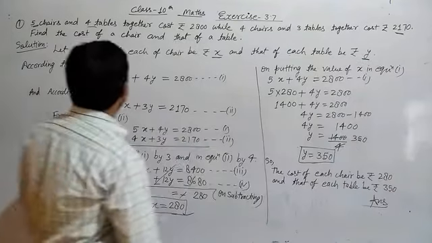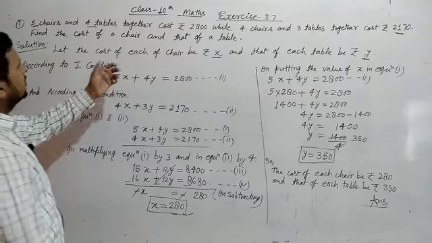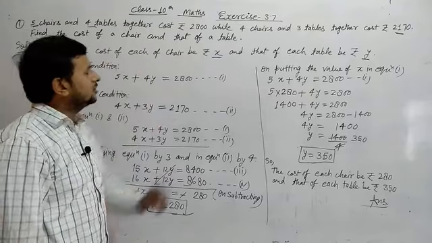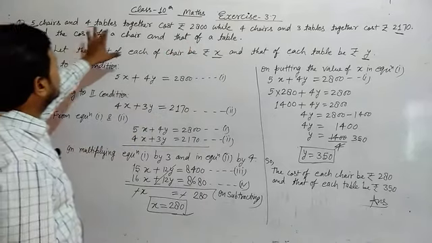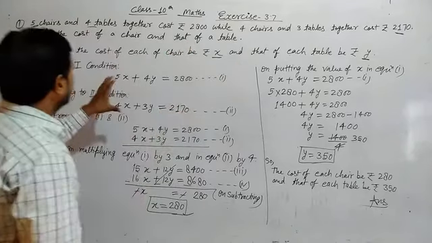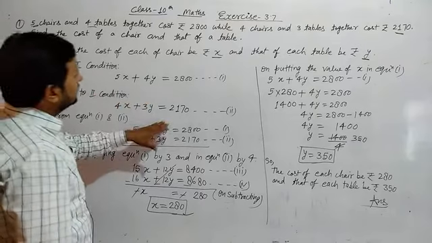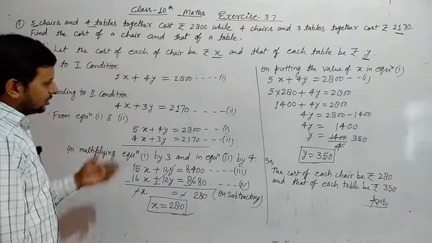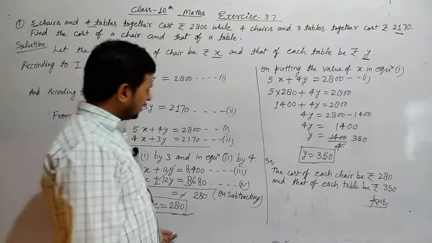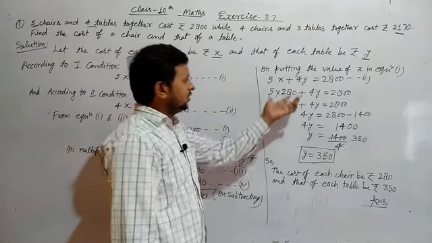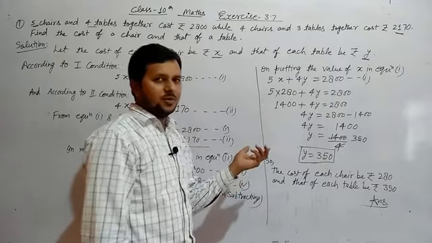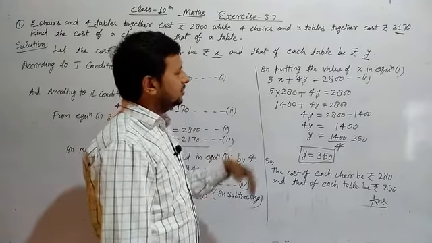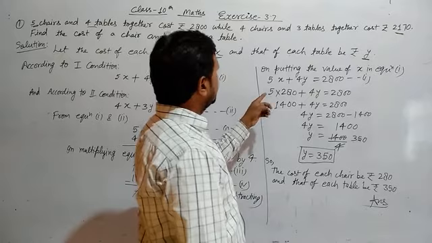So see here, we get the cost of one chair and one table. According to the first condition and the second condition, we prepared two equations. After that, solving them, we get the value of x, and putting the value of x in equation first or second, both work.